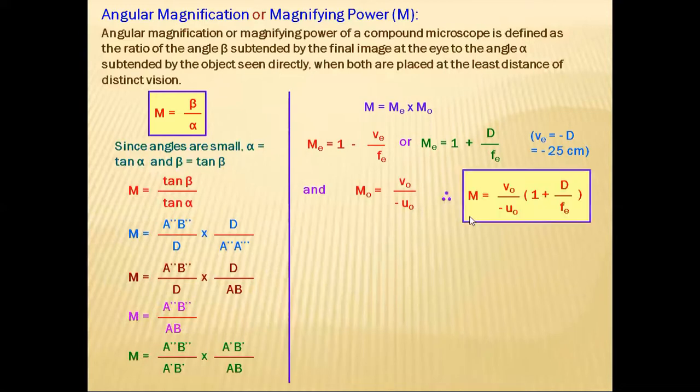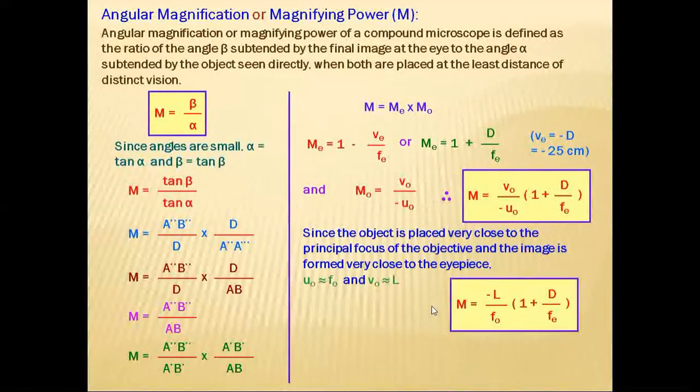So if we put these two types of magnification in the compound microscope and put their values, we get the result M is equal to minus V_O by U_O into 1 plus D by F_E. This is the main equation, and you can also convert it into another form: M is equal to minus L by F_O into 1 plus D by F_E.